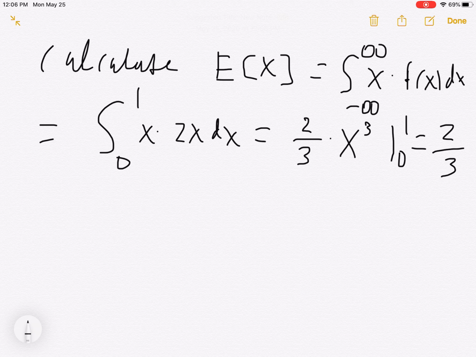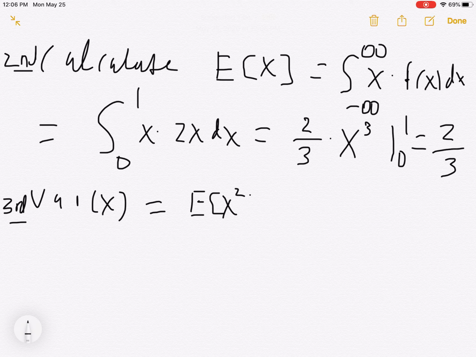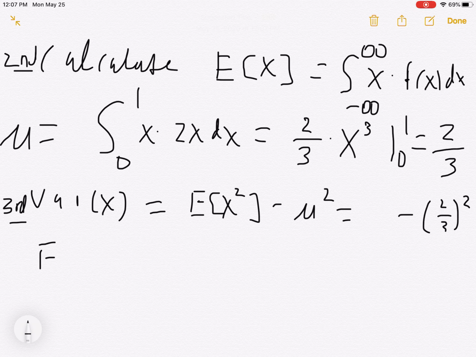What if I asked you to calculate the variance of X? Variance of X is going to be E of X squared minus mu squared. And mu is E of X, so I'm going to have minus 2/3 squared, and I need to calculate E of X squared.